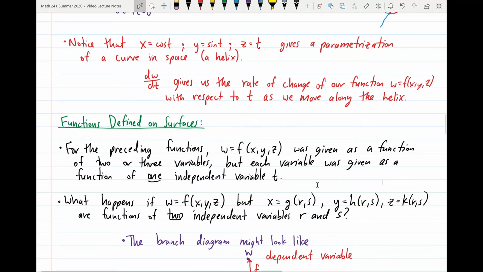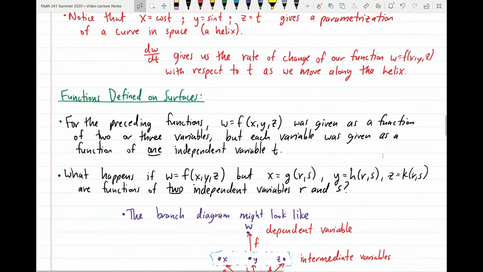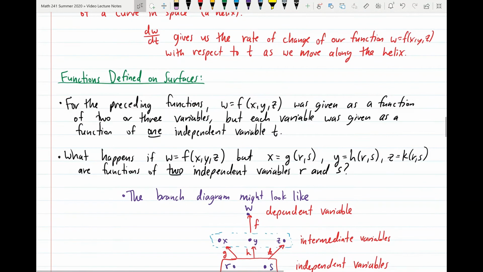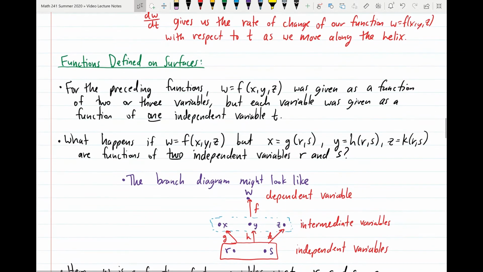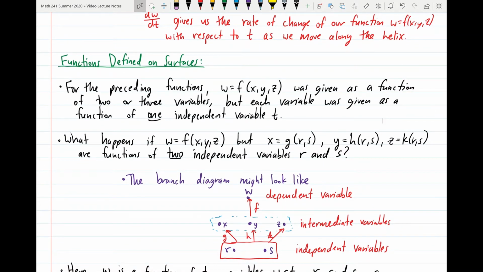From here, we want to move on to a third type of function. So we're going to talk about functions defined on surfaces. And hopefully you can see quickly the difference between these functions and the functions we had talked about before. So for the preceding functions, w equals f of x, y, z was given as a function of 2 or 3 variables.